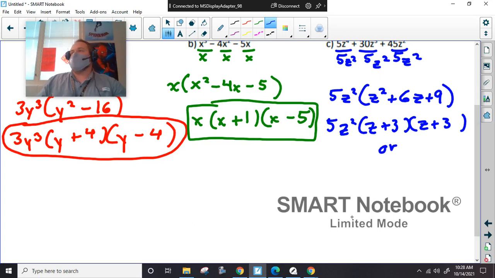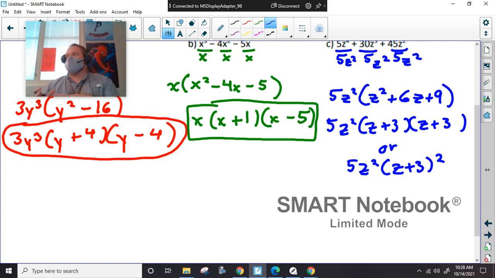Other times, some other teachers or standardized tests, they would actually rewrite this as this, where they say, well, that's the same thing times itself, so it's squared. So that's kind of how that would work. Either one of these would work.